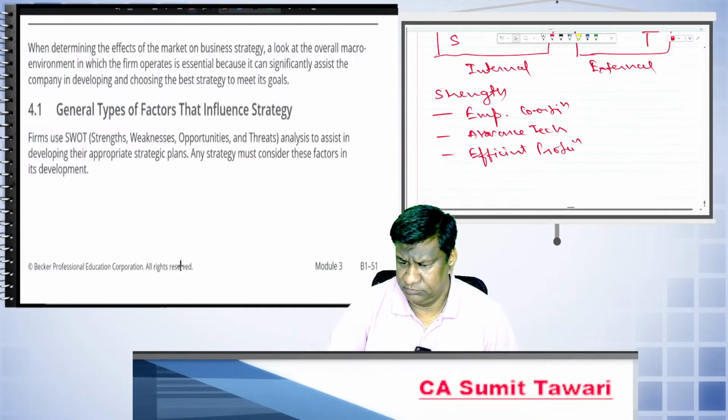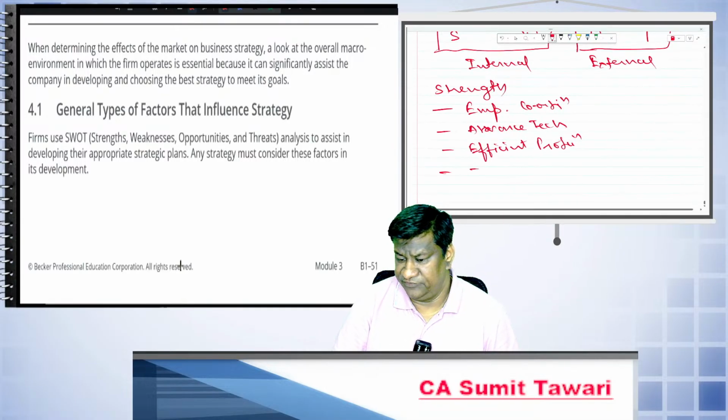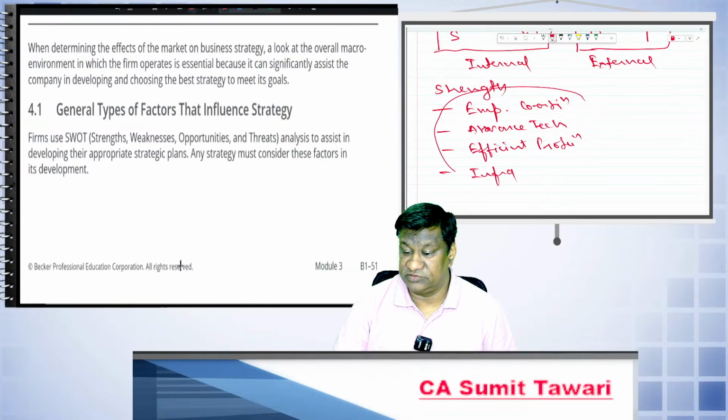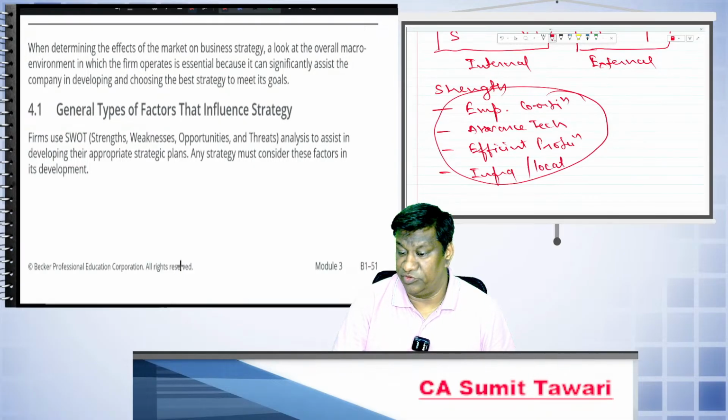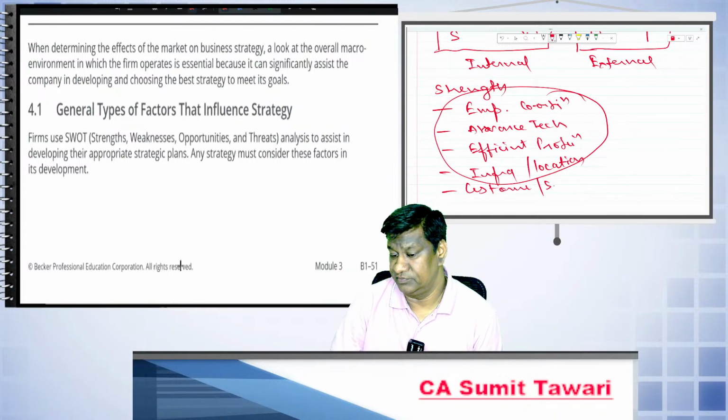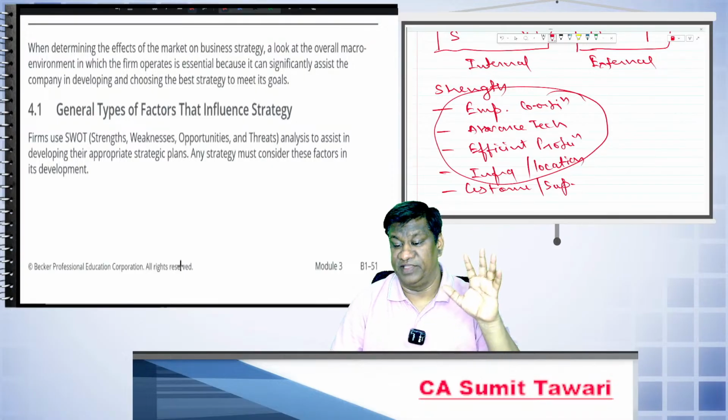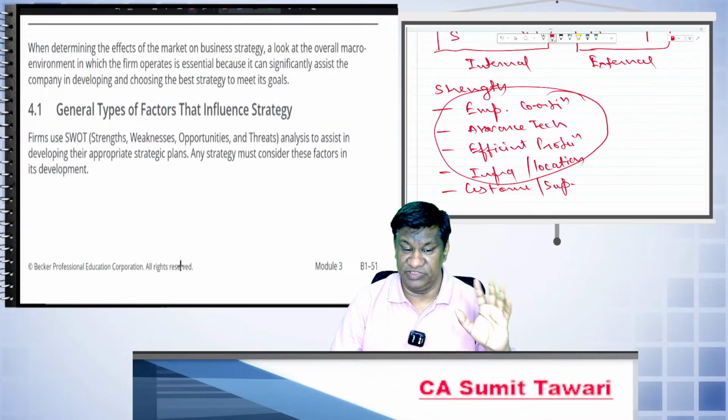Good infrastructure. Yes, infra. If you see all this, we can control it. Infrastructure, location, it is on the basis of the decision of the management. Or, how can I say, customer supplier relationship. These are all controlled by the management and they can do it easily.